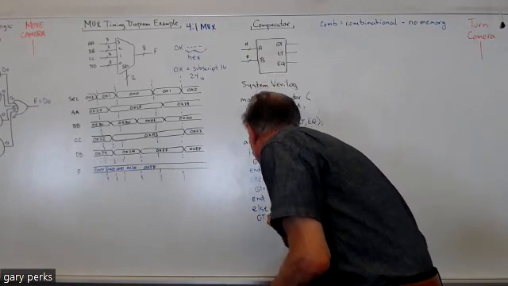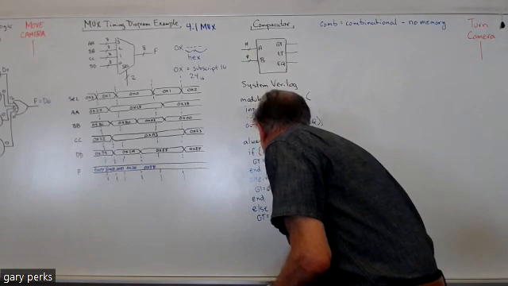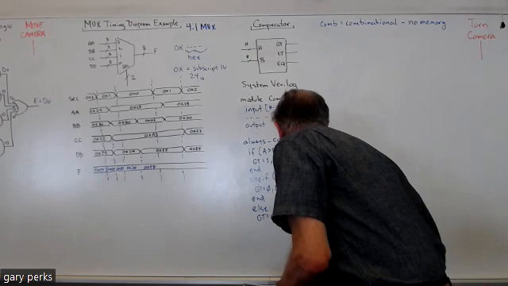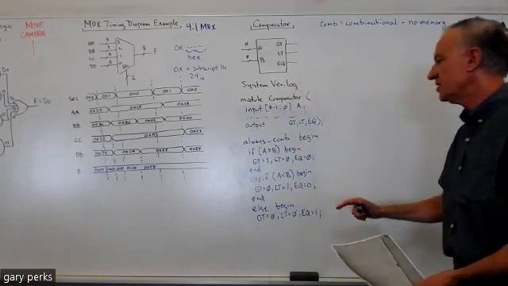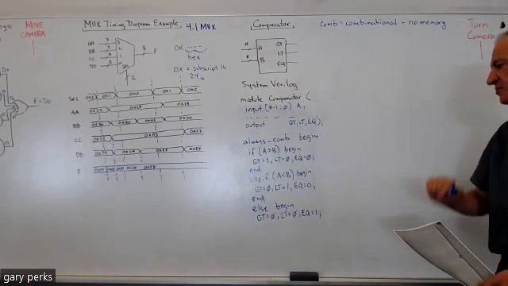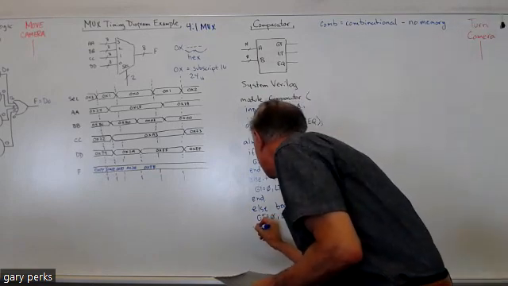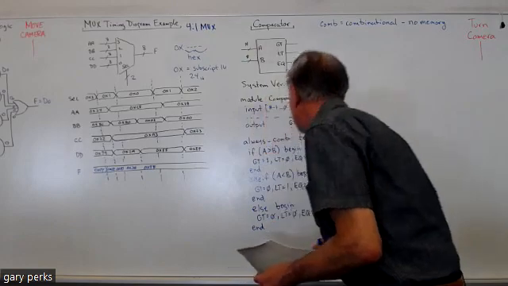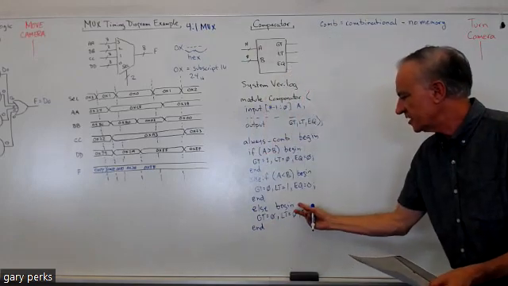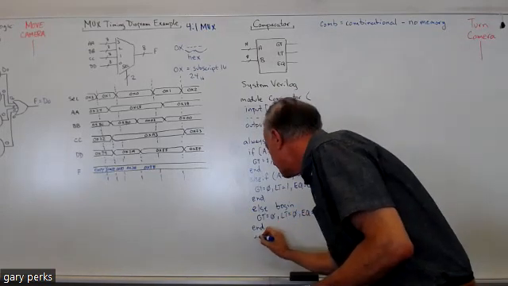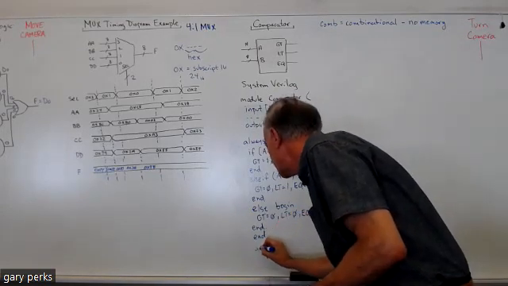Else GT equals 0, LT equals 0, EQ equals 1. Because obviously, if A is not greater than B and A is not less than B, then it must be equal. And then we need an end. This end is for this begin. And then we need an end for this begin, so you put another end. And then you would end module.